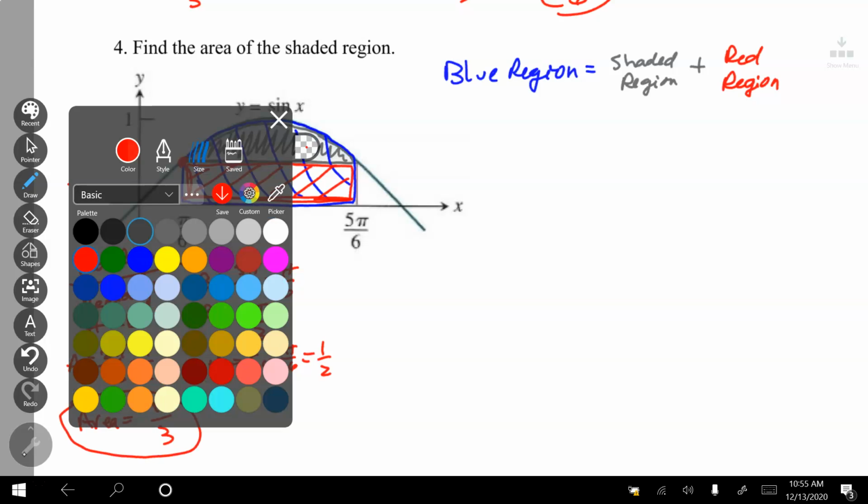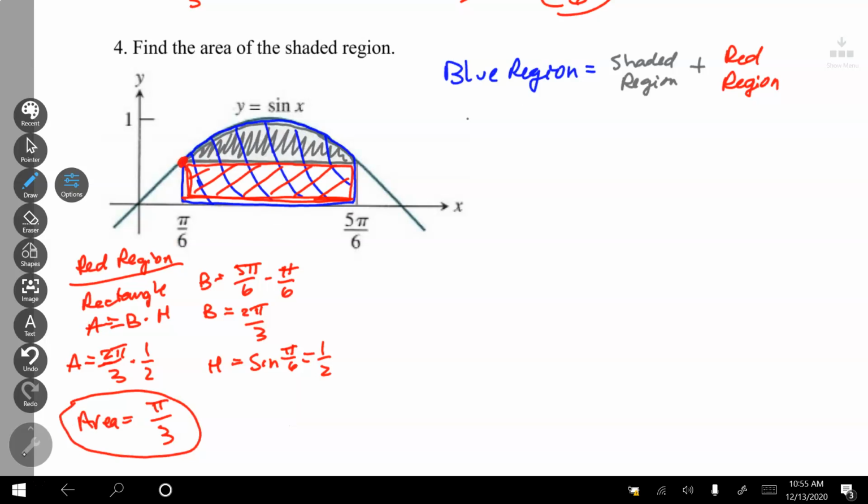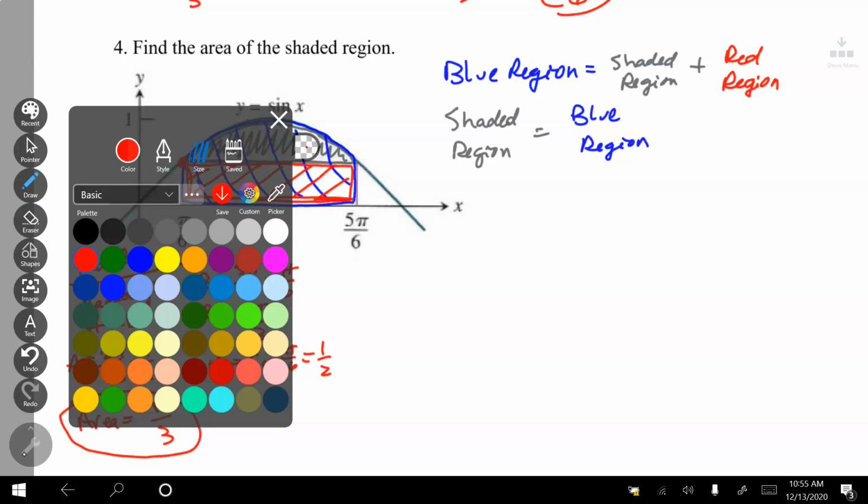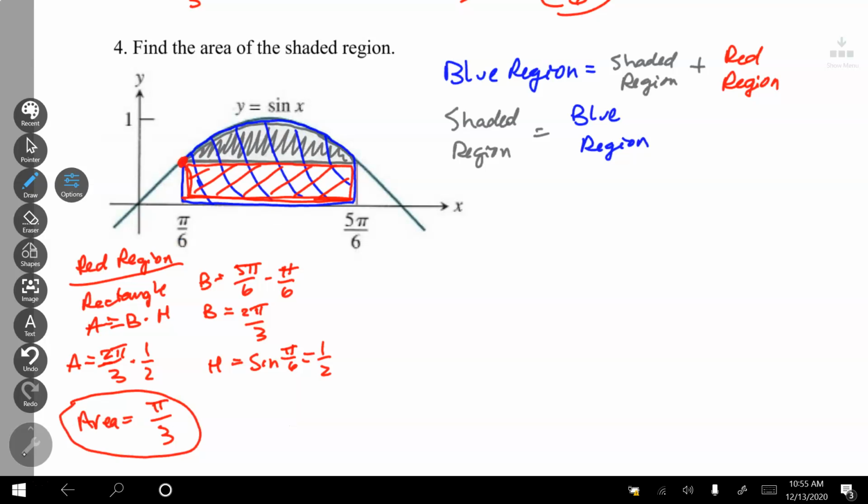If I want to solve for the shaded region, I could rearrange it and do my shaded region is equal to my blue region minus the red region. And now this blue region is this whole big integral from here to here.